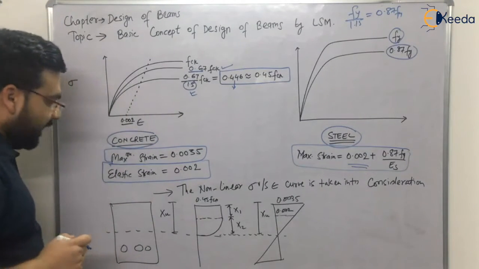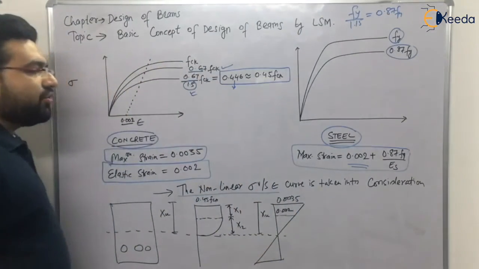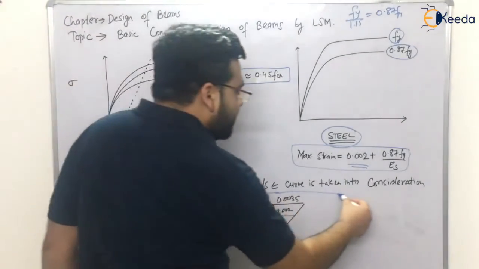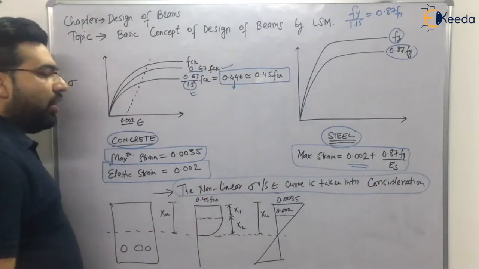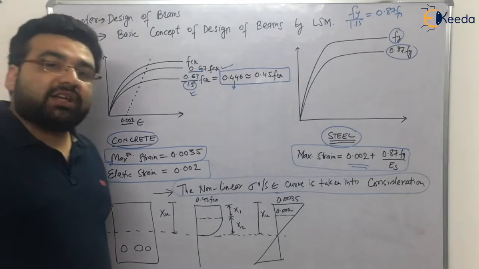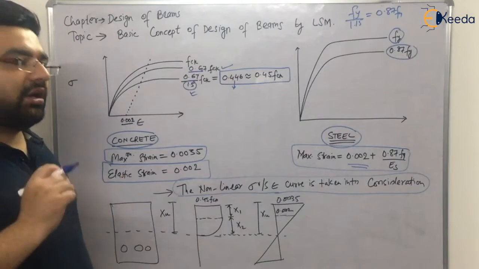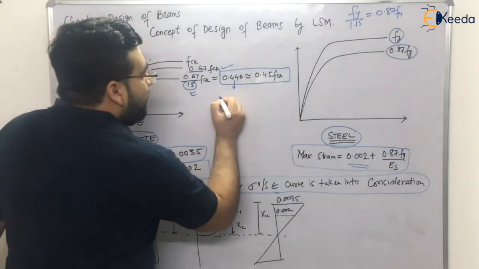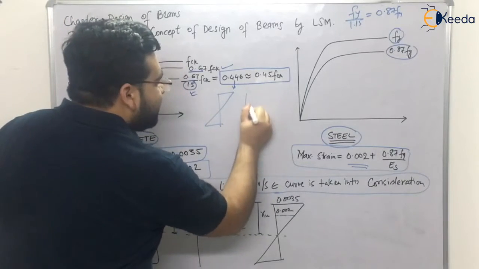Clear? Now, the non-linear stress versus strain curve is taken into consideration in design of beams. This is a very important point, because in the working stress method we were not taking the parabolic shape of the stress curve, we were taking the linear shape. For example, this was the strain curve, right? Same was the stress curve also.